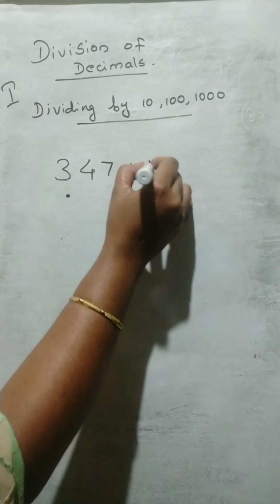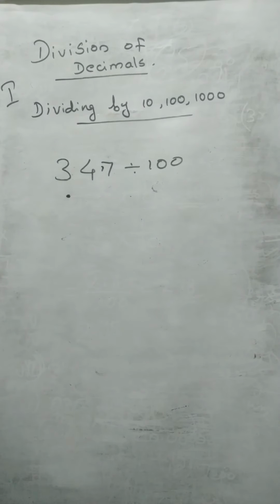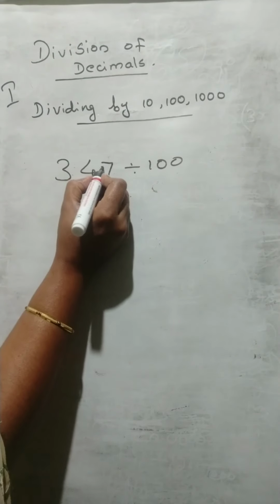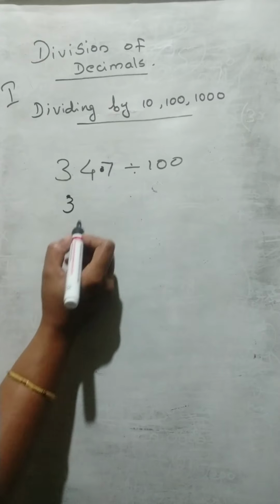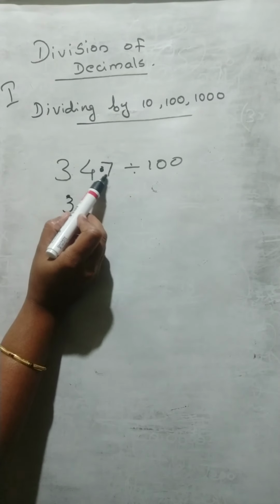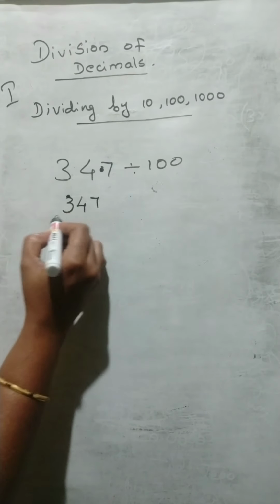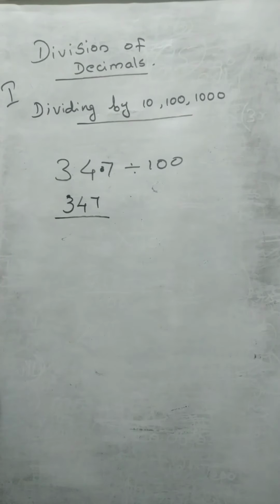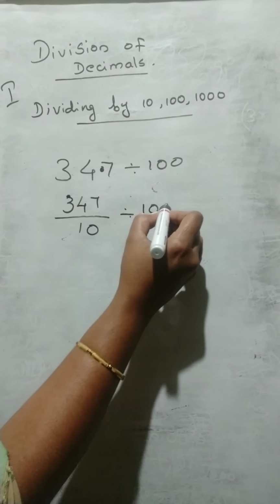Then another question is 347 divided by 100. Sorry, not 347, 34.7 divided by 100. So how can we do it? We can write this as 347. Only one digit is there after the decimal point. So we can write this in the form of a fraction as 347 on 10 divided by 100.